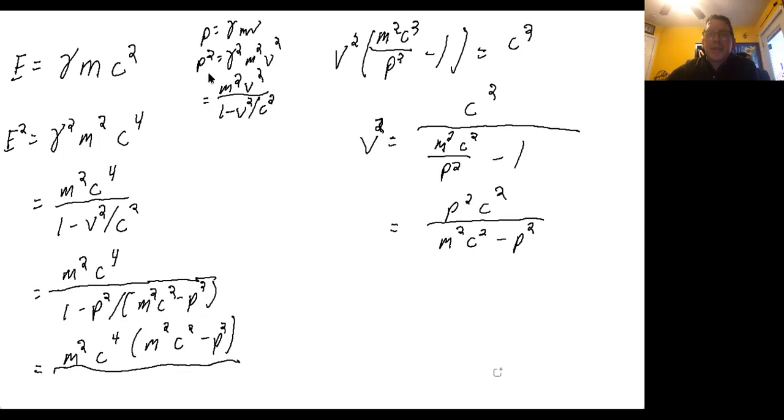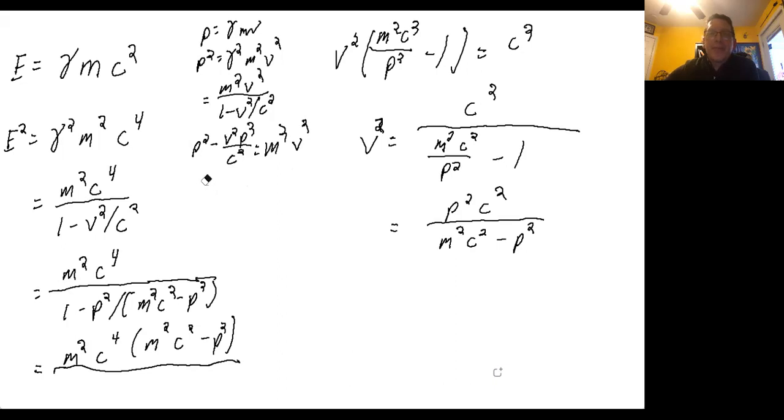And so that becomes p squared minus v squared p squared over c squared is equal to m squared v squared. And so v squared, yeah, so there is a plus.